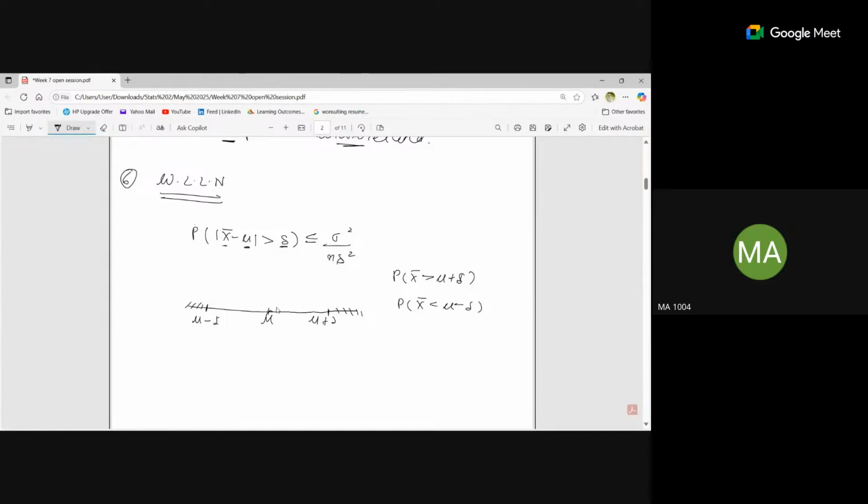And if we combine this, we are getting the mod of x bar minus mu is greater than delta. That means this thing we are finding out. Understood? Basically, some quantity.